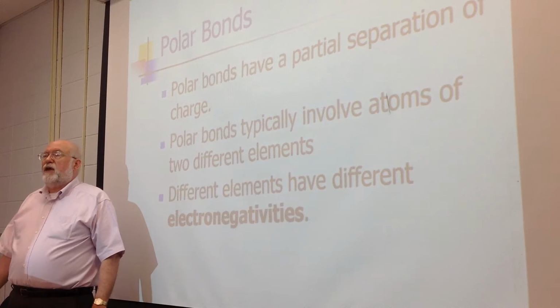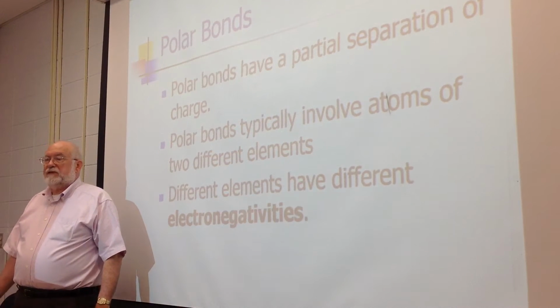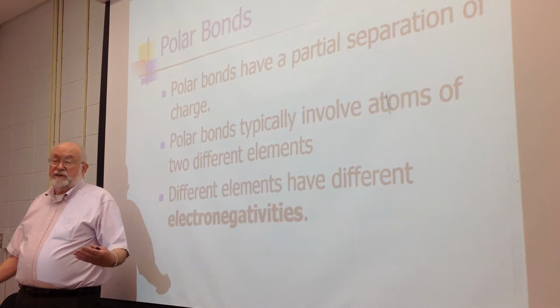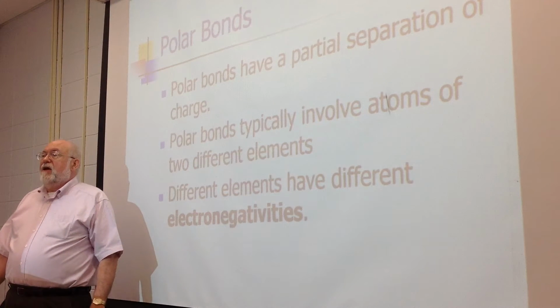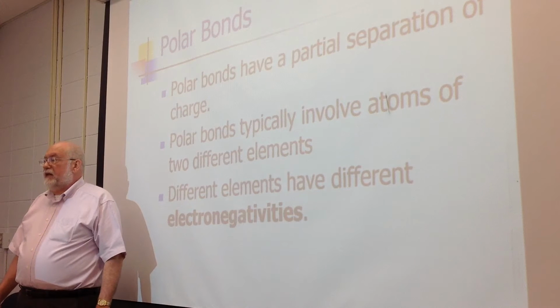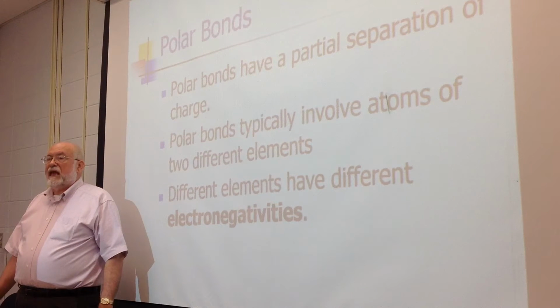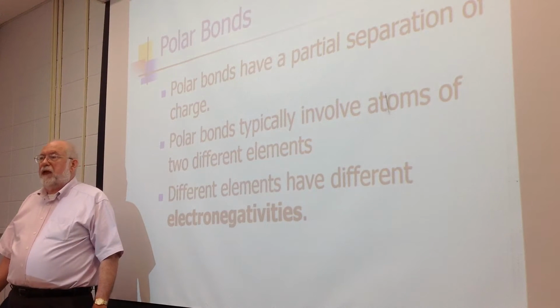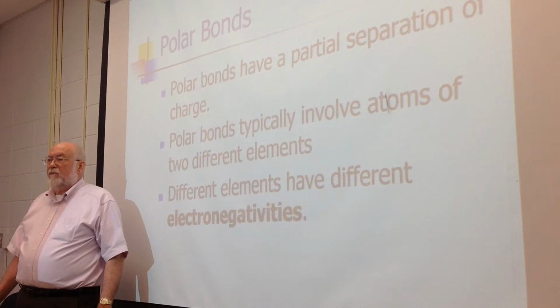So, look at the electronegativities. If they're the same atom, two atoms of the same element, we should say, they're going to have the same electronegativity. They're going to have the same affinity for the shared electron pairs, and you're going to have a nonpolar bond.